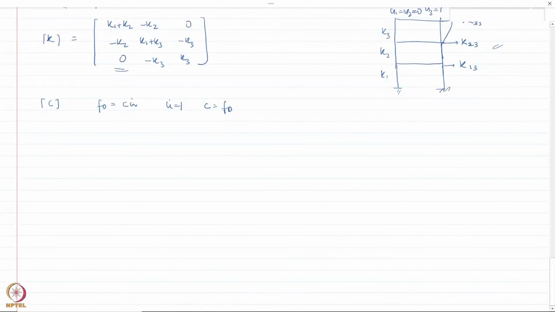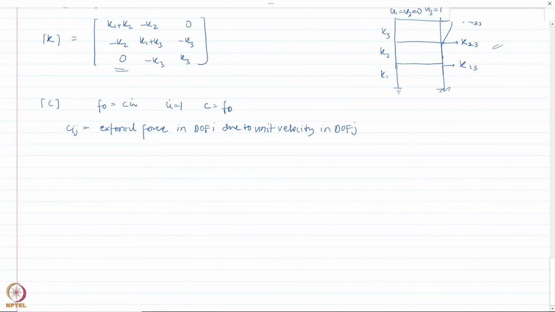We are going to say Cij. Remember, for the stiffness matrix we said Kij. For this we are going to say that Cij is nothing but the external force in DOF i due to unit velocity, now not the unit deformation, unit velocity, in DOF j. So again we follow the same procedure.